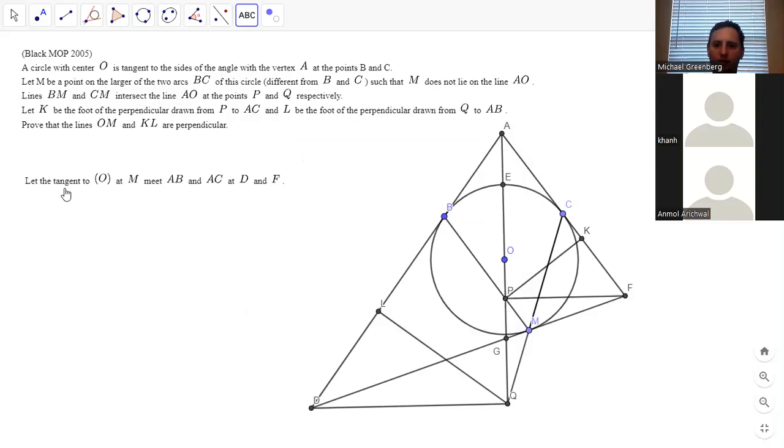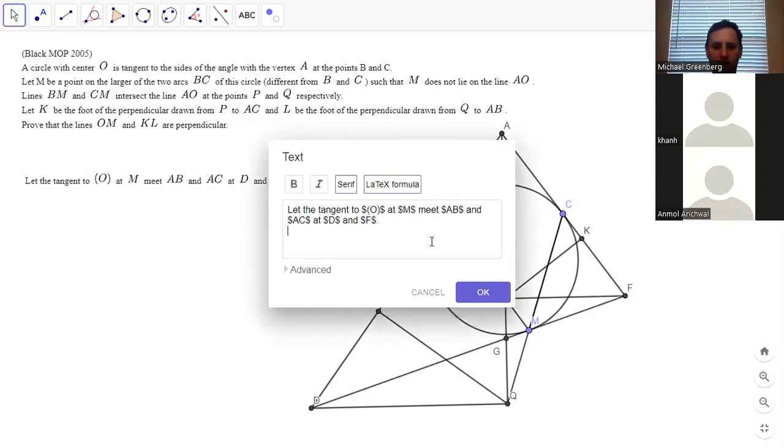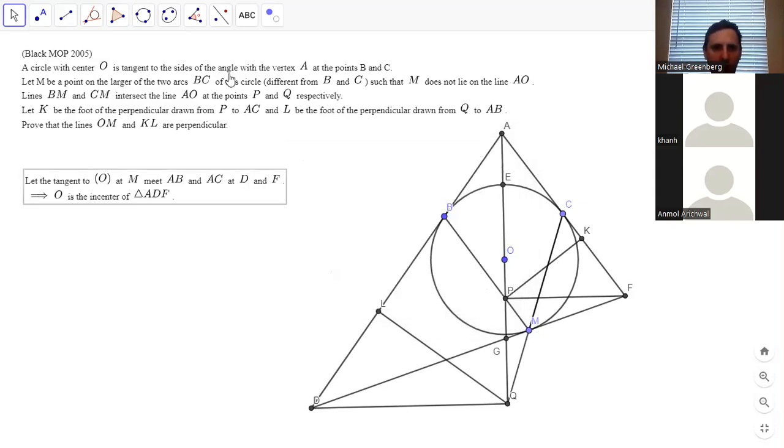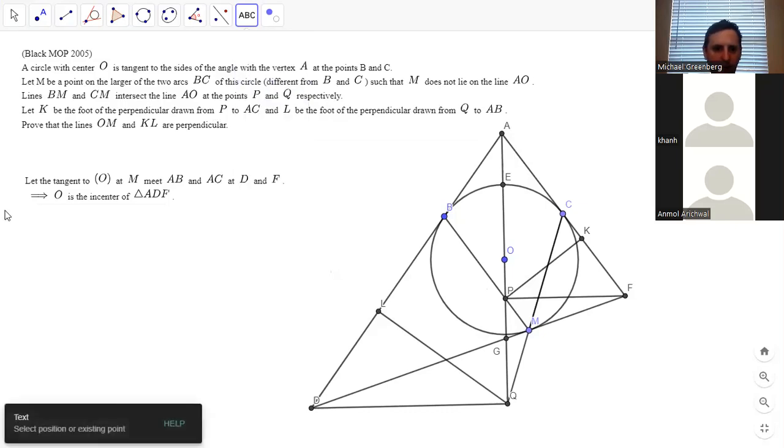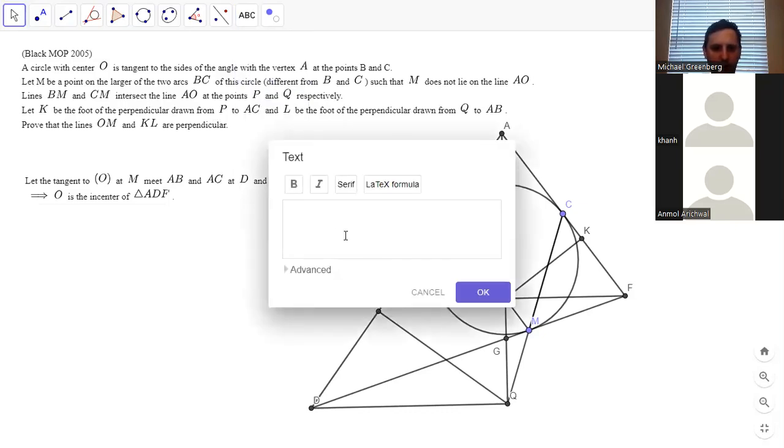So this means O is the incenter of ADF. By the Iran lemma, angle APF is 90, and angle AQD is 90.